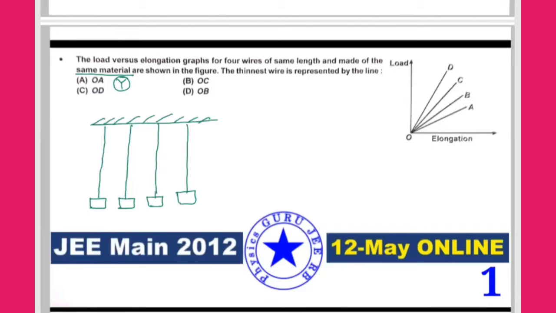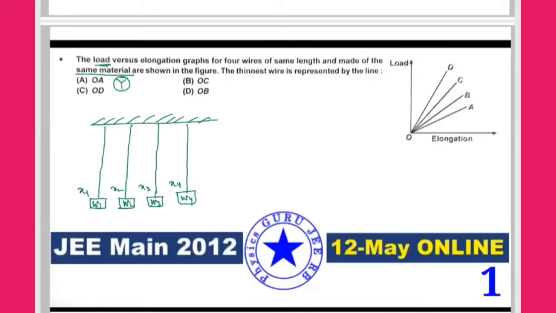Let me take the loads as W1, W2, W3, W4 and the elongations as X1, X2, X3, X4. Is it clear?